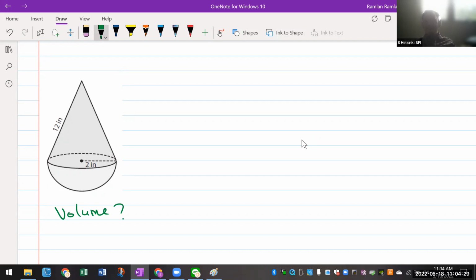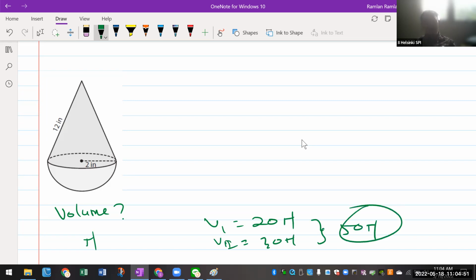Because we know that we have a hemisphere and then we have a cone, both of them have pi. So you can actually use the pi. For example, for volume 1, you get like 20 pi and the second volume is maybe you get 30 pi. And then if you add them, you get 50 pi. You can actually have this kind of answer.